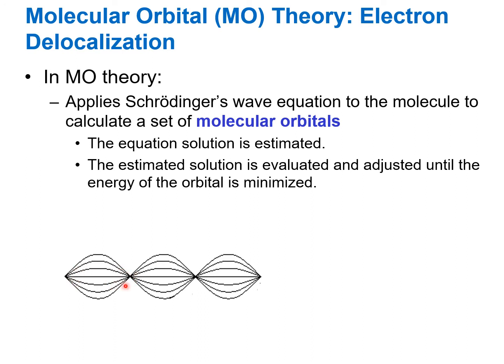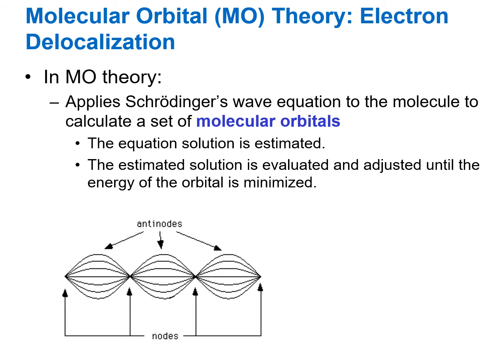And when we hit this area where we cross the line, going up or going down, the likelihood of finding an electron there drops to 0. The areas where we have some fullness in our wave function are known as antinodes. An antinode is where we have electron availability. And the regions where that drops to 0 are called nodes.